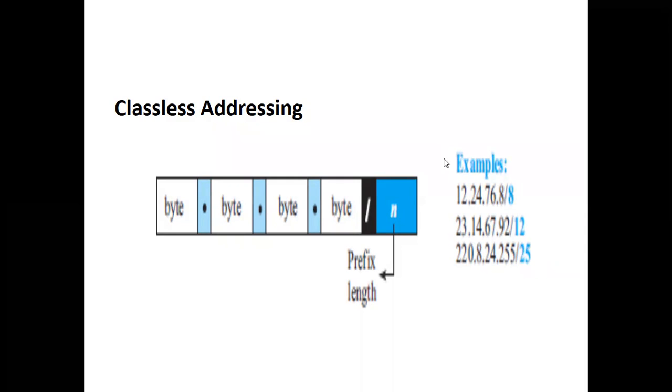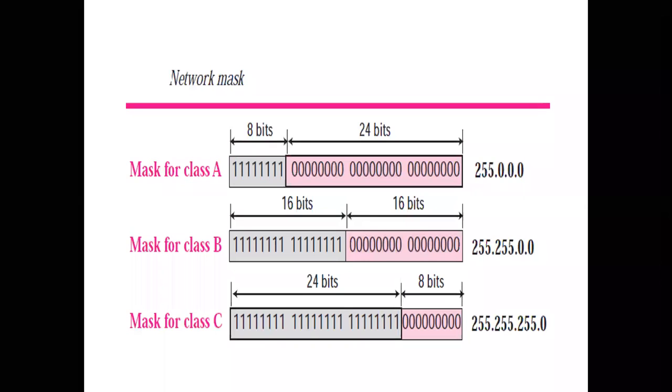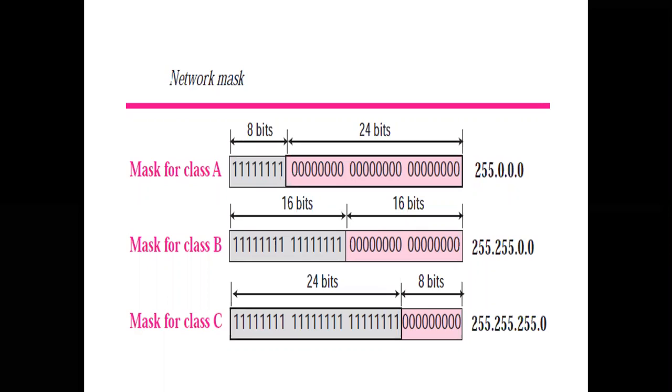While defining this classless addressing, you need to identify one of the criteria called the network mask. Whether it is classful or classless, you still need to find out the network mask. When you are destining the packet to a specific machine, to find out the path towards the destination machine, the network layer takes care of the network mask.